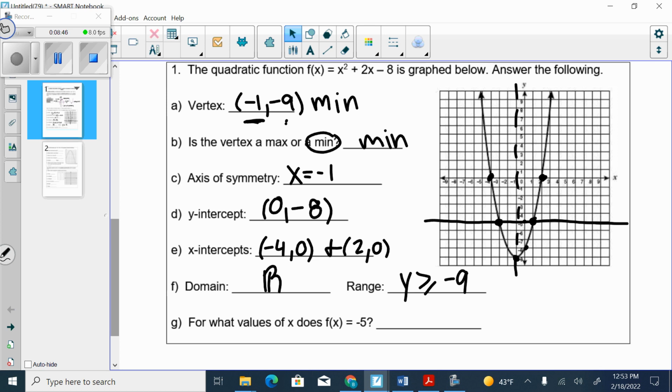So when we have -5 as our y value, there's 2 possibilities for x, right? Can you guys see where those would be at on yours, or is it too far? Too far? Okay. All right, so we're at -5. That would be at -3 and at +1. Okay?